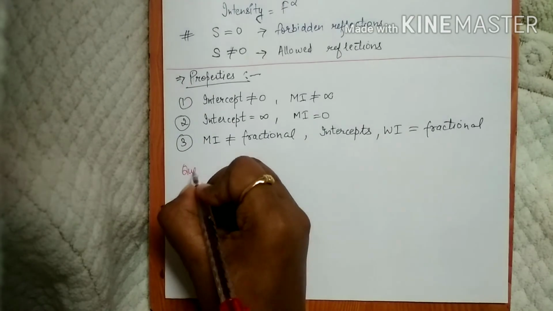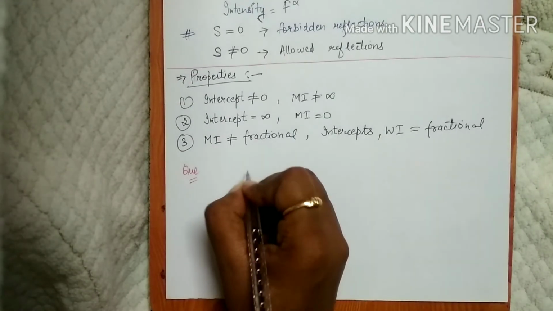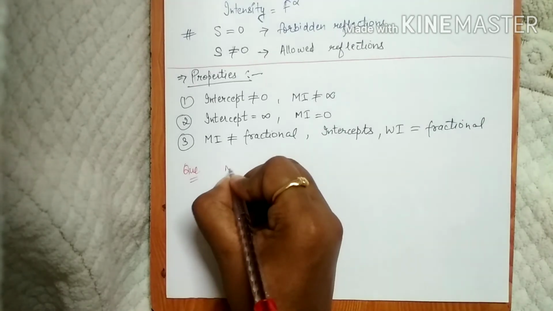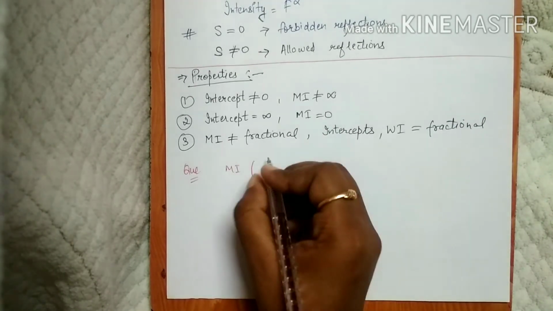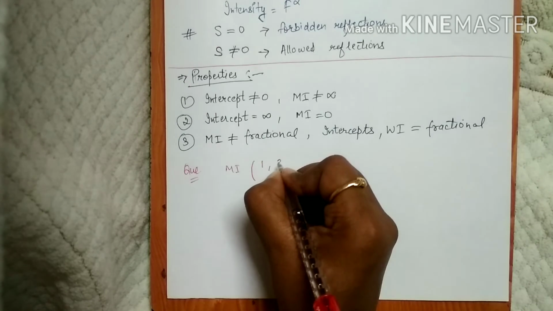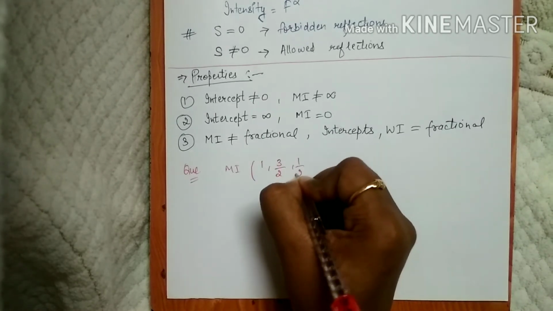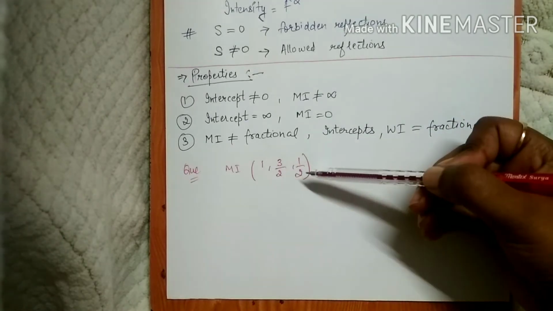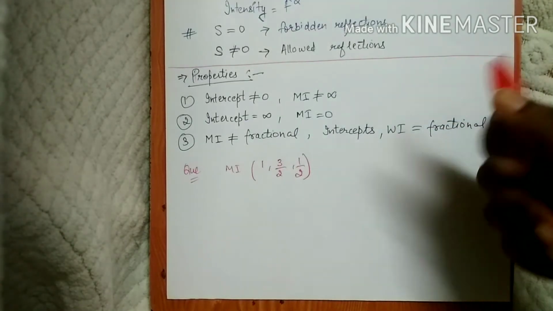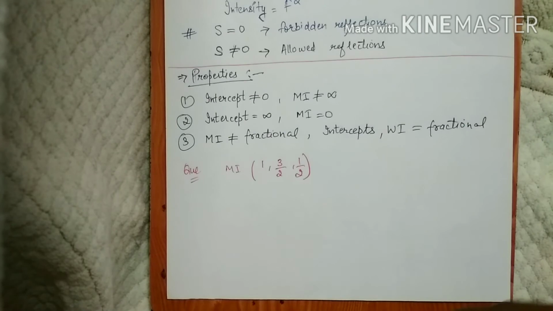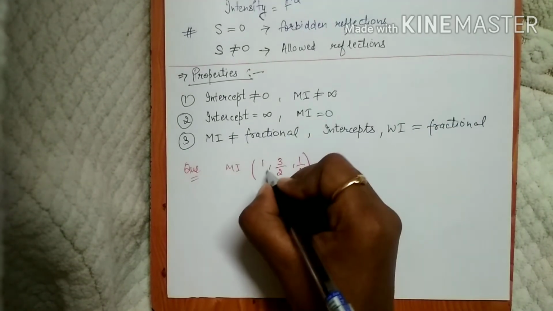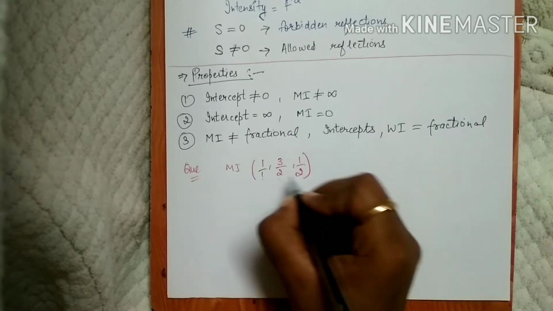Let's say I have a question in which after solving a given intercept or Weiss indices, I have got Miller indices as 1, 3/2 and 1/2. Then I cannot represent Miller indices like this because Miller indices cannot be in fractions. So what I'm going to do, I will change them into integers. How? Take the LCM of the denominators.